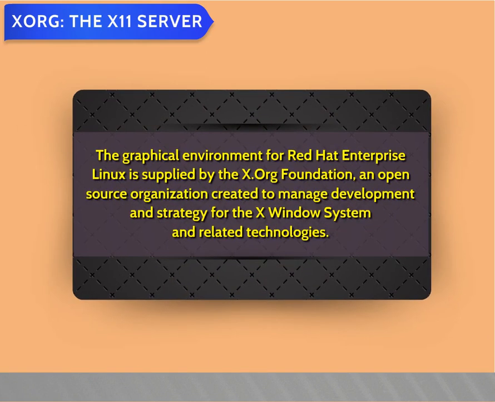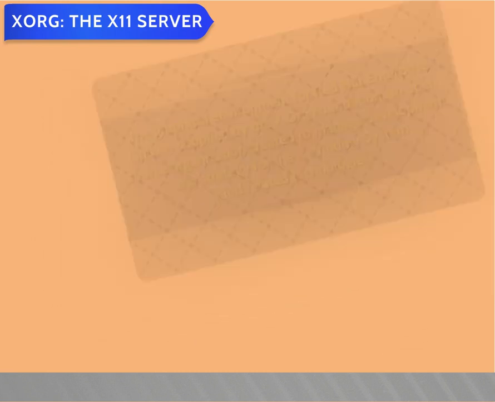The graphical environment for Red Hat Enterprise Linux is supplied by the XORG Foundation, an open-source organization created to manage development and strategy for the X Windows system and related technologies.